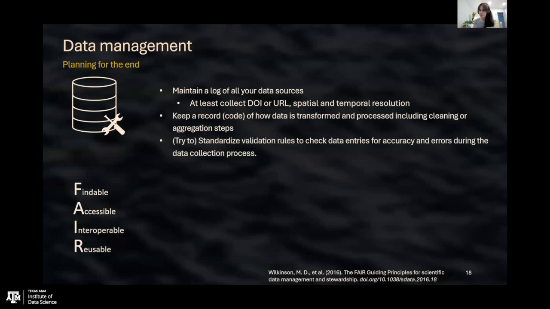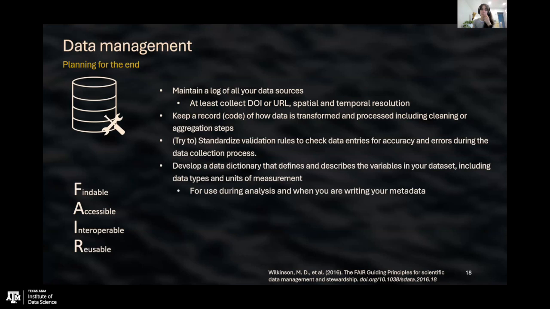An important step that I think is also underappreciated is standardizing validation rules. When you create these data sets, you want to have a consistent way that you check your data for accuracy and for errors, because you're very likely going to make mistakes, and the only way to catch them is to have standardized approaches and plot your data every which way to make sure it all looks as it should, no matter how you plot it.